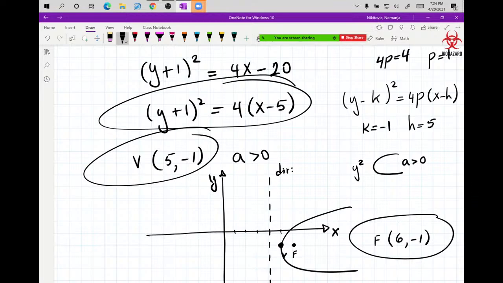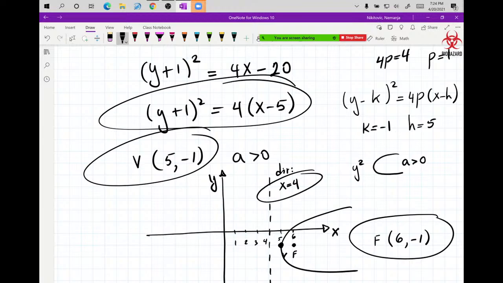Directrix is x equals 4. It's the vertical line through 4. That's 1, 2, 3, 4, and then 5 for the vertex and 6 for the focal point. So I forgot to. That's also something that you need to present as the answer.